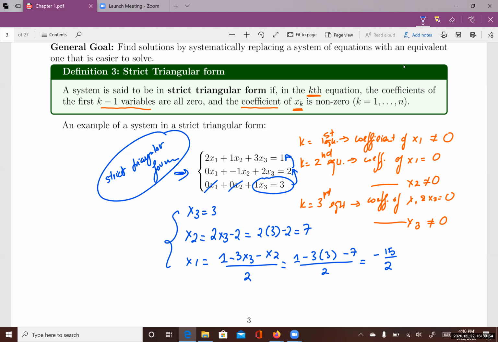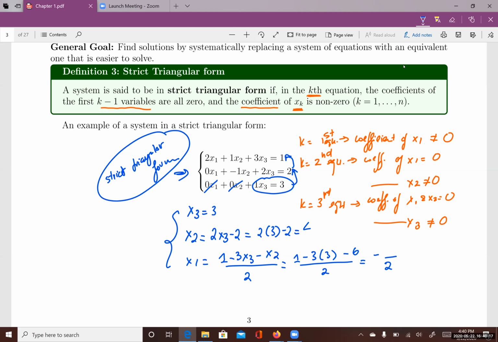Oh, this one, sorry, this should be 6, right? And then you have 6 here. And then you have, well, 2 times 3 is 6.